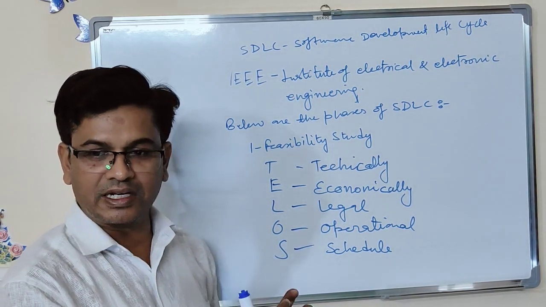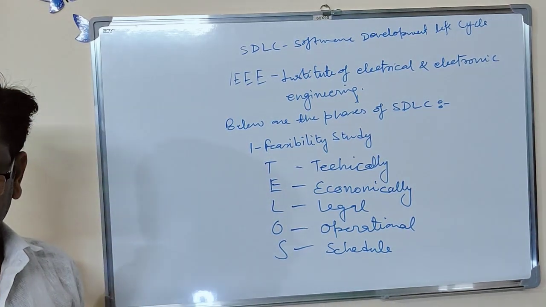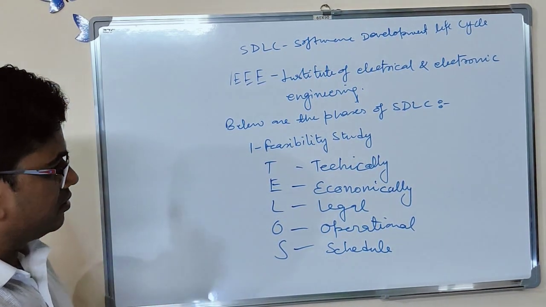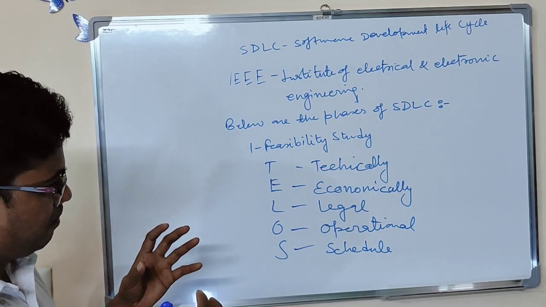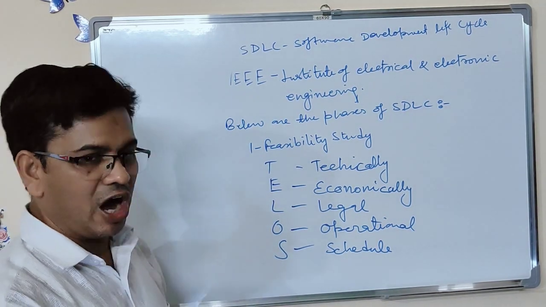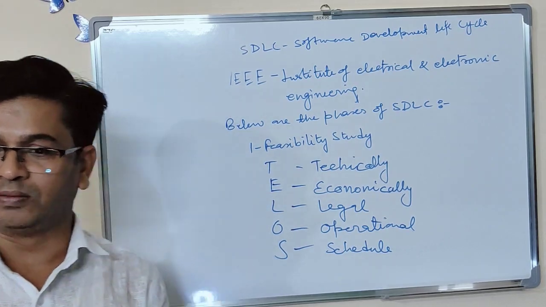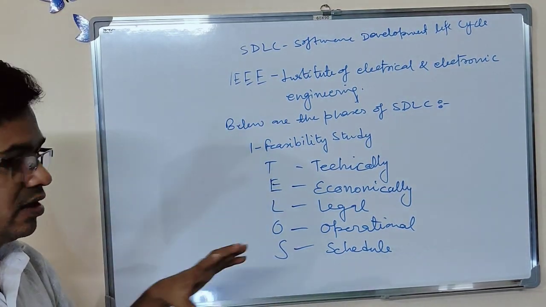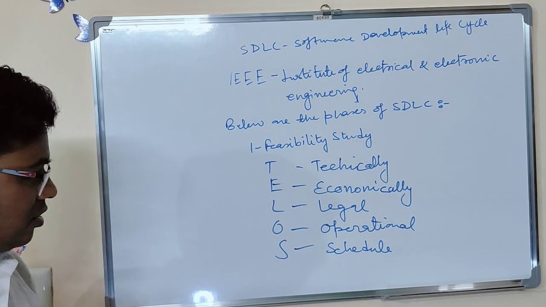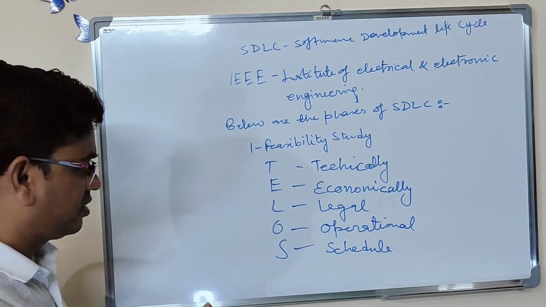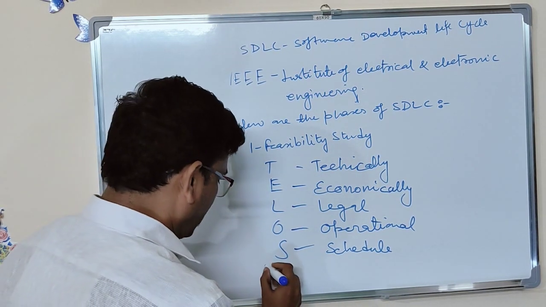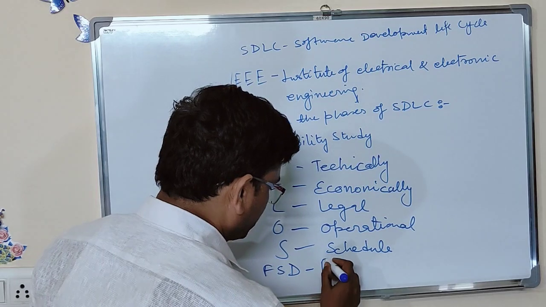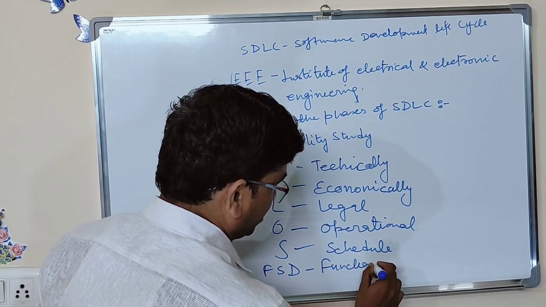Feasibility study is very important, because this activity shows us how feasible it actually is for us to work on the software. After the feasibility study, a document will be generated by the BA team, and that document can be the FSD document, the functional specification document.